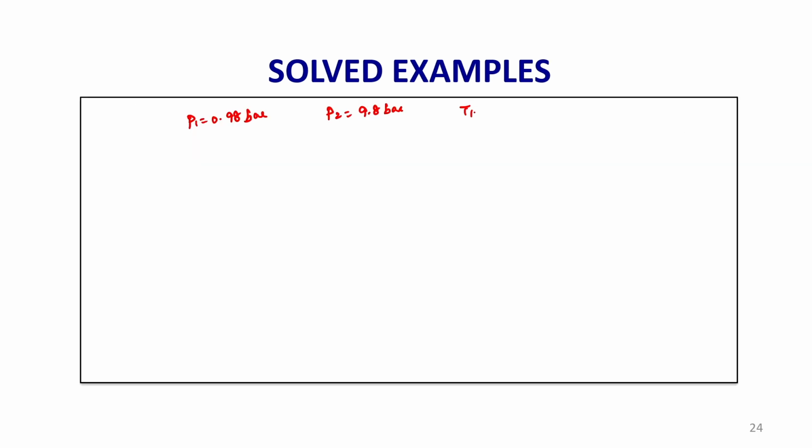So T1 is equal to 20 degree centigrade, add 273 to convert into Kelvin, 293 Kelvin. Compare this with the basic equation PV^n equal to constant. Therefore, n is equal to 1.2. For the previous problem, it was n equal to 1.3, PV^1.3 equal to constant.